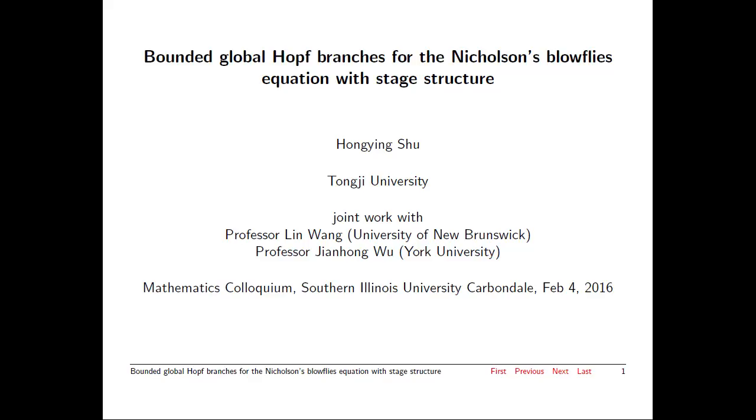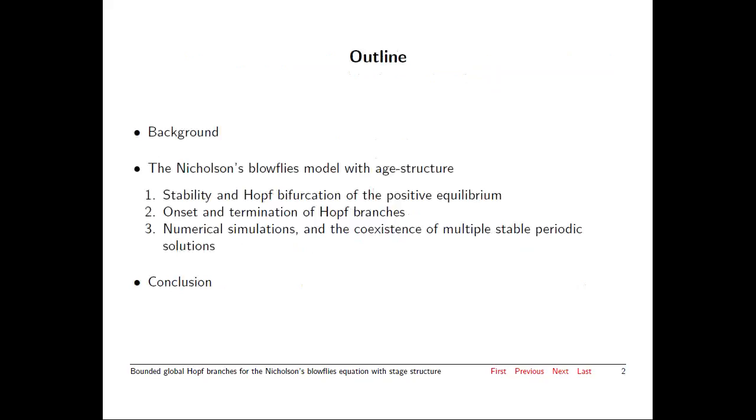This talk contains 3 parts. I will first begin with my background and motivations, and then we will propose the Nicholson blowfly model with the state structure. In this part, we first investigate the stability of the positive equilibrium and the existence of local Hopf bifurcations, and then investigate the property of global Hopf branches on the onset and terminate of Hopf bifurcations.